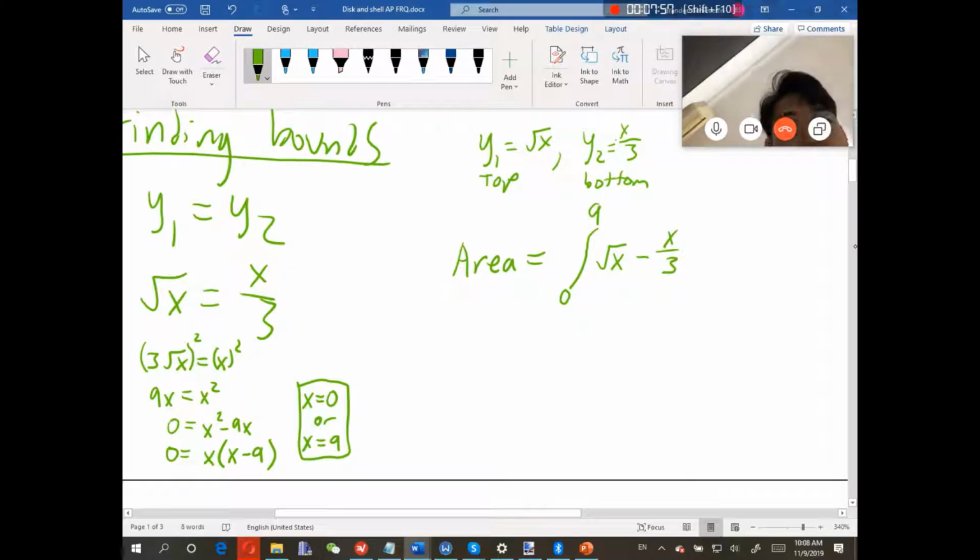Okay. Now I believe this was without a calculator. I don't actually remember. So we'll go ahead and integrate this directly. If I integrate root x, that's the same thing as integrating x to the 1/2 power.